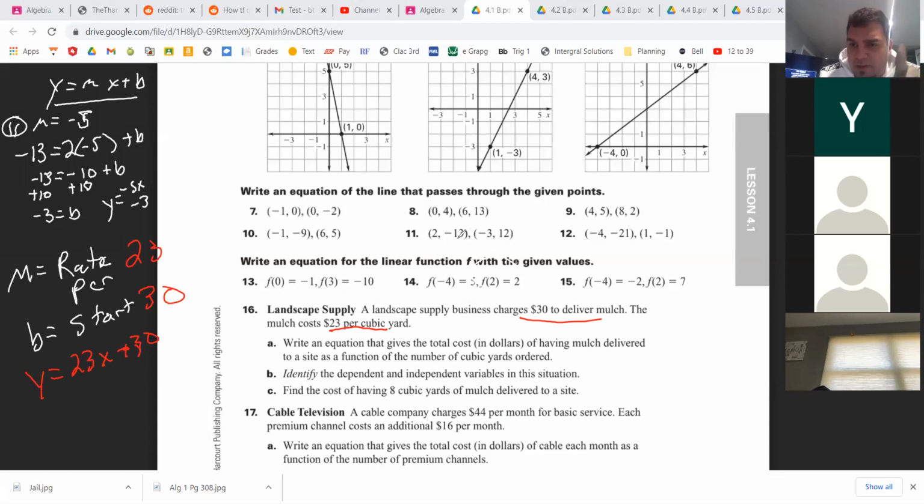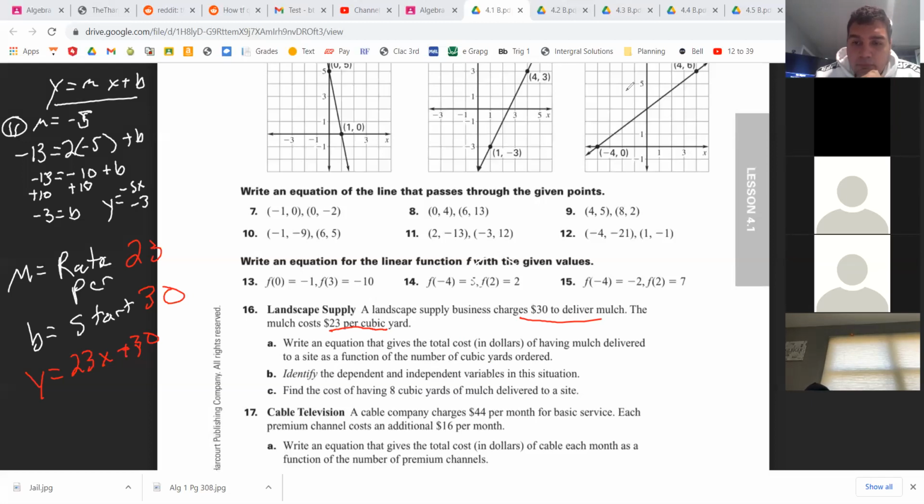Any questions? So there's like three things, A, B, and C. When you identify the dependent and independent, is x always the independent variable and y always the dependent variable? Yes.